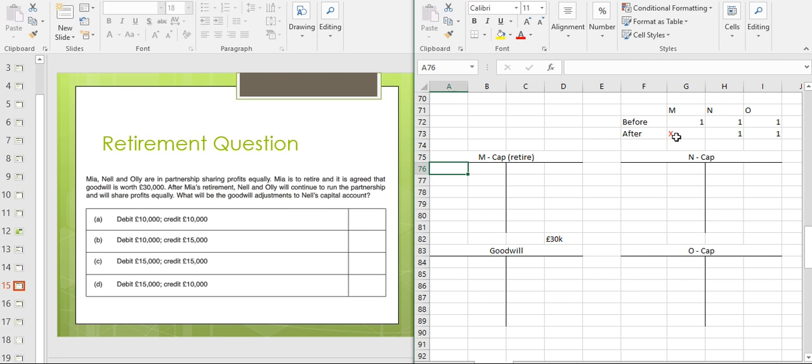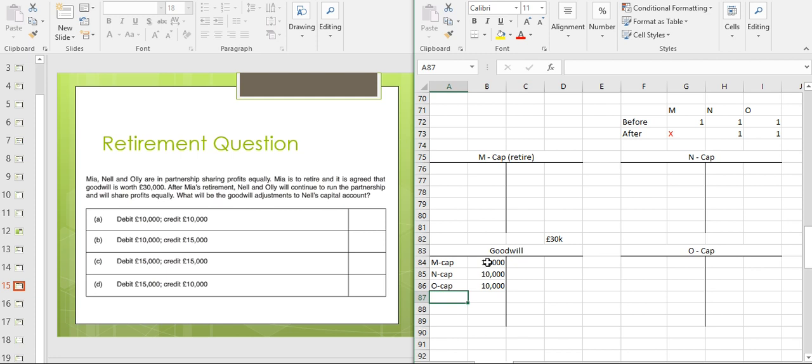Let us do the double entry. So goodwill, 30k, divided by 1, 2, 3, 10k split. This is going to go to M's capital account, N's capital account, and O's capital account. So that is the creation of goodwill on the old ratio.